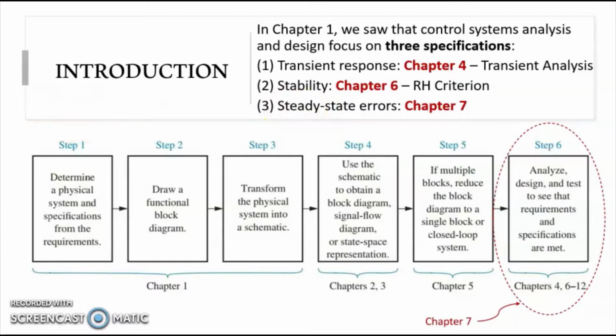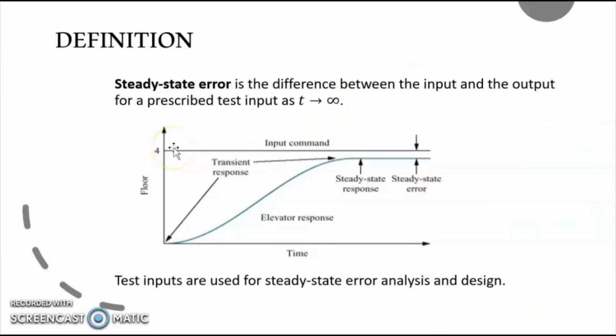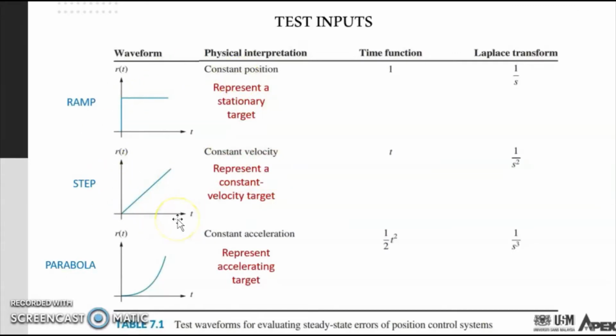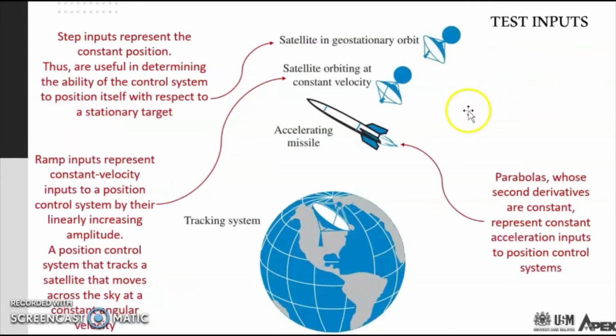Just to recap, what is steady state error? Basically, it's the difference between the input command and the output command in a vertical manner. There are several test inputs that you can look at: the step, ramp, and parabolic. Each of these has a different function, which is 1 over s, 1 over s squared, or 1 over s cubed, as we take the Laplace transform.